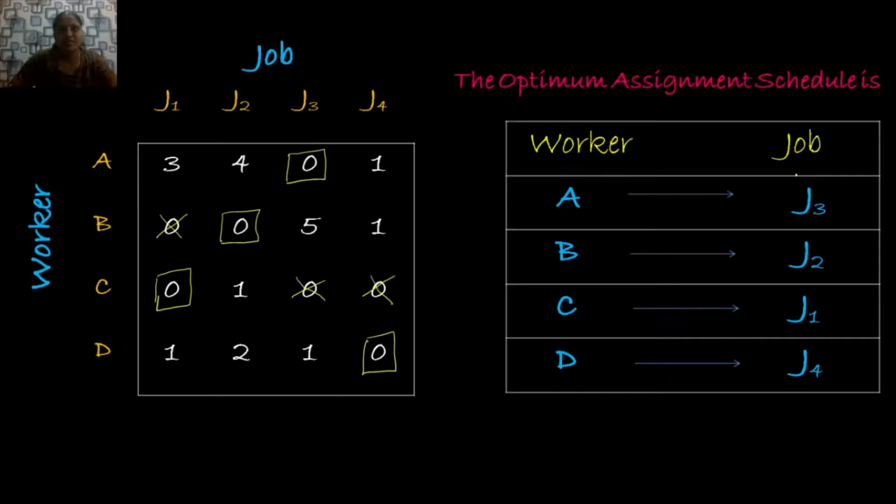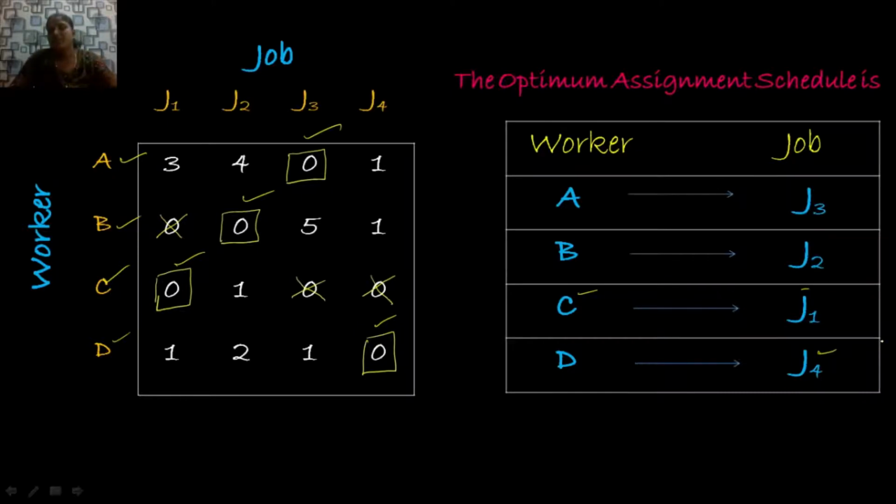So the optimum assignment schedule is worker A is assigned with job 3, that is J3. Worker B is assigned with job J2, and worker C is assigned to J1, and worker D is assigned to job J4.